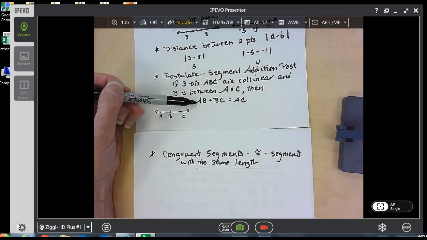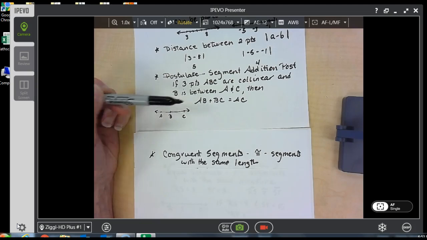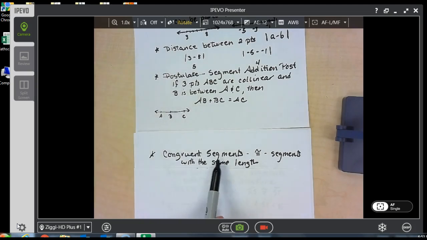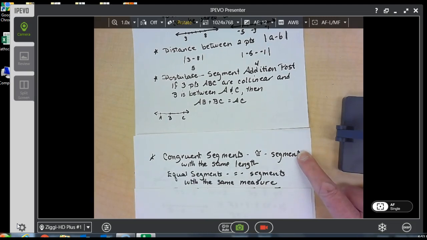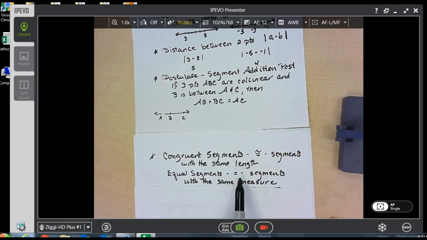So if you notice when I wrote this, I didn't put a line segment above it. That means I'm talking about the measures of the segments. So congruent segments, congruent has the tilde and an equal sign, segments with the same length. Equal segments with an equal sign, segments with the same measure.